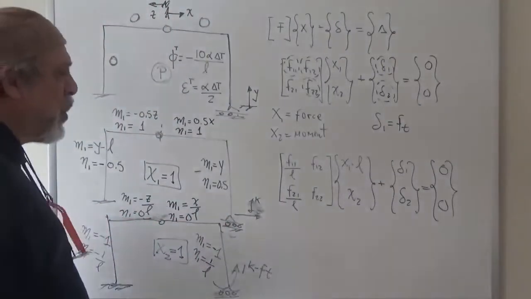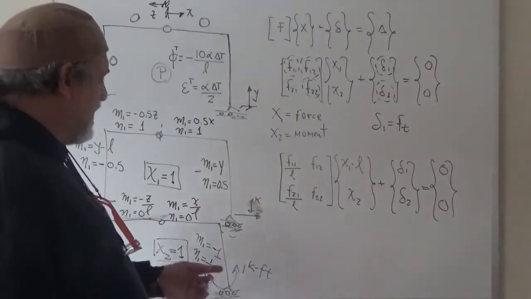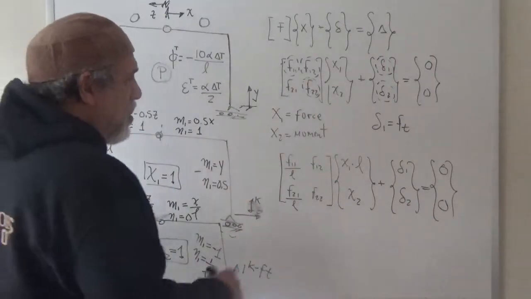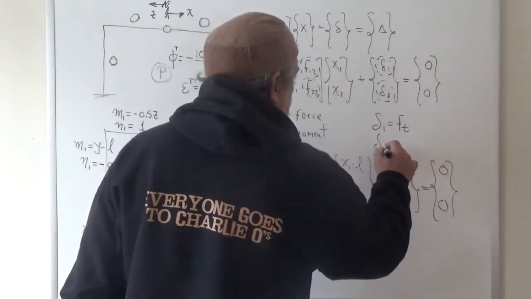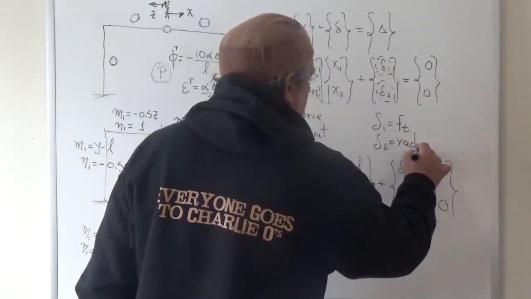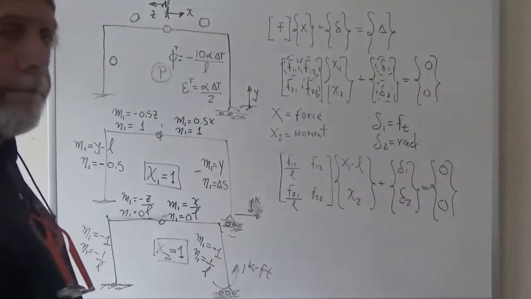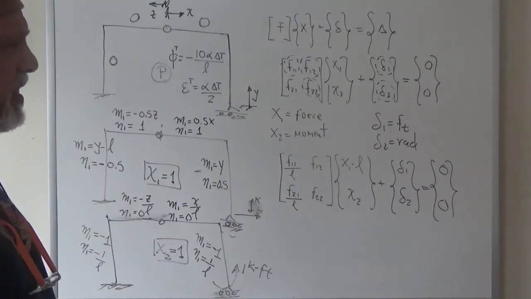What is delta 2? Well, delta 2 is actually the rotation at this point. So delta 2 is radians. So these two things don't have the same units, right?